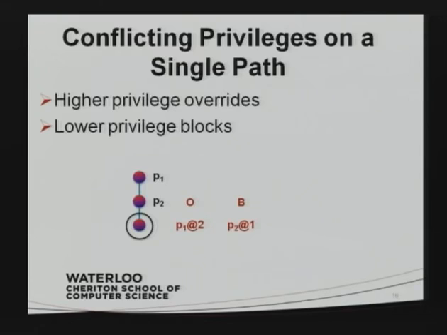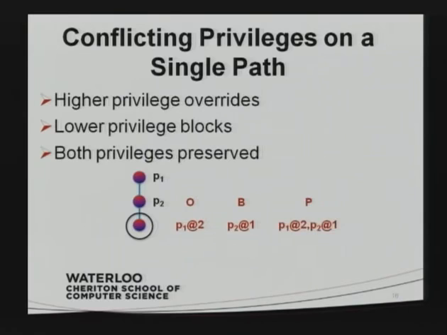That's usually the way that this is set up, or the group is denied, but this particular subgroup is given permission. Okay, so the lower one in the path is the one that blocks the higher level permissions in some way. And so if I'm using blocking rather than override, then the permission that comes through is that P2, whatever it was, whether it was positive or negative, I've got the P2 permission at distance 1 from me.